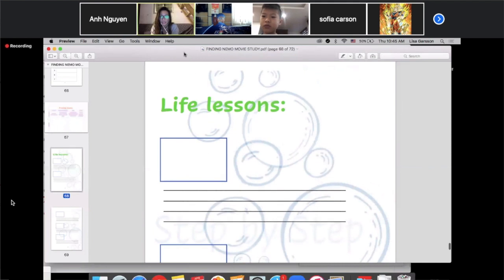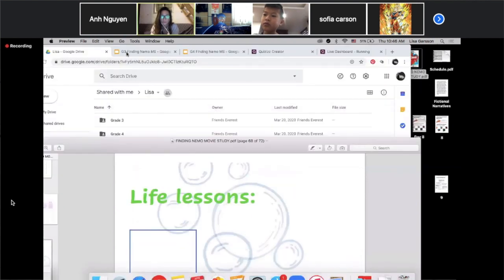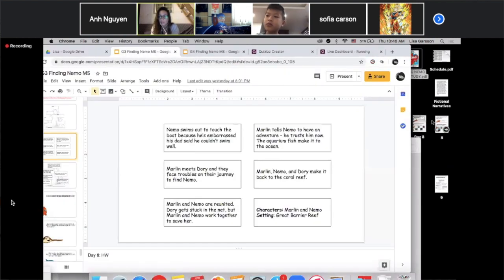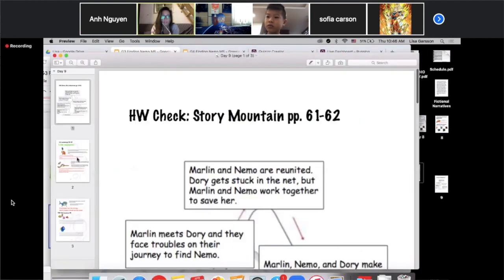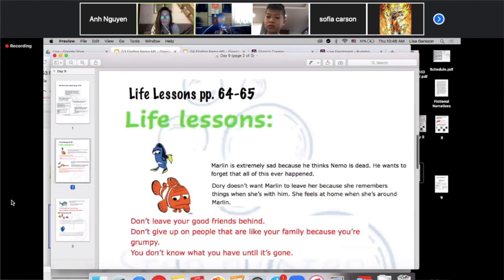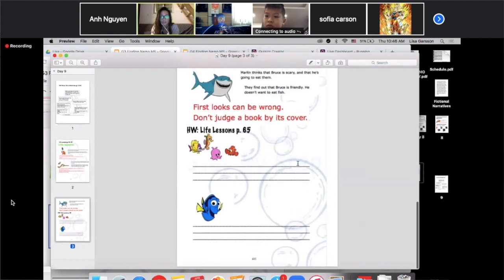So we're going to talk about life lessons today. And then I'll send home the answer key and then what we'll do for homework. So when I send it home today, I'm going to have pictures next to each one. So it's going to look like this. You can check what we've done today, and then you'll do the last 2 by yourself.